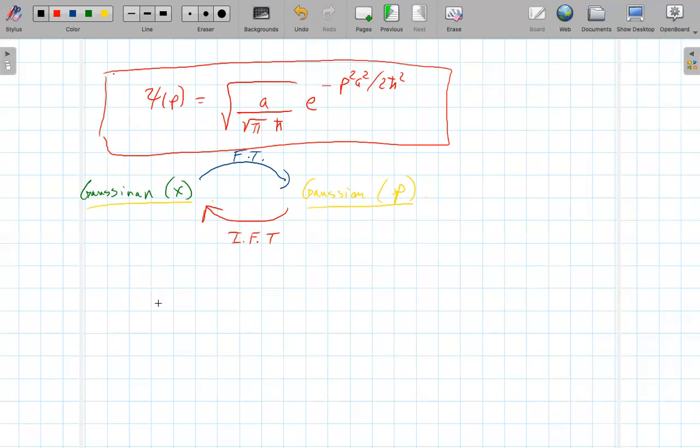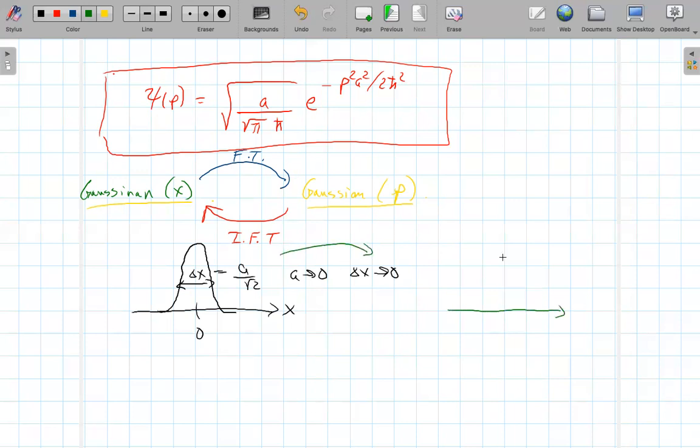So let's see that. Again, what happens is we took this in position. So here is our Gaussian, centered at 0, where this had a width of delta x, where we found delta x was a over the square root of 2. Which again meant as a goes to 0, the width of this goes to 0. So now what we have is a Fourier transform into momentum space. So again, this is simply a Gaussian.